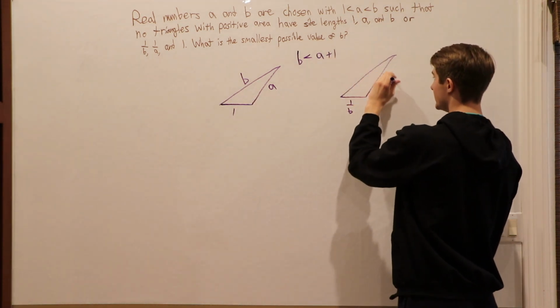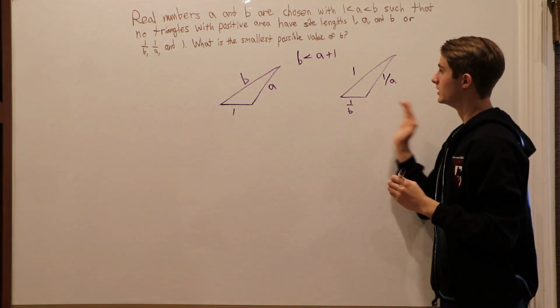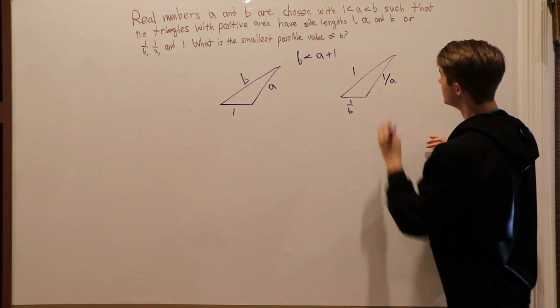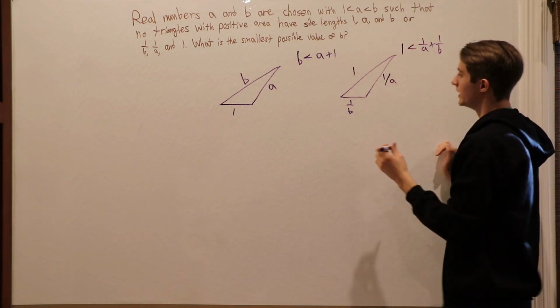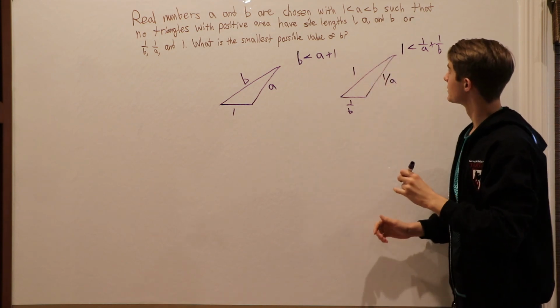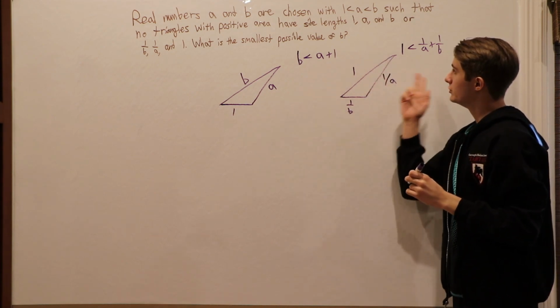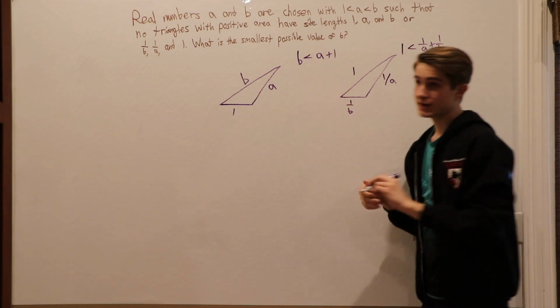So this is 1/a here, and then this is 1. Now with this triangle, the most useful triangle inequality will be that 1 < 1/a + 1/b. Again, because 1 is the straight line, so it's going to be the shortest distance. So these are the two inequalities that we have with a and b for triangles with positive area.